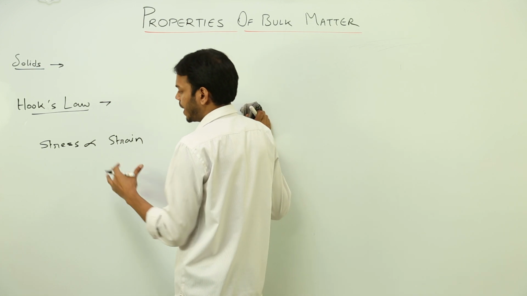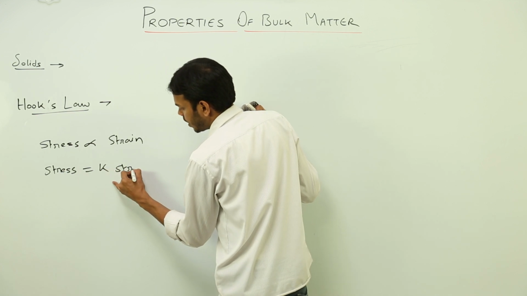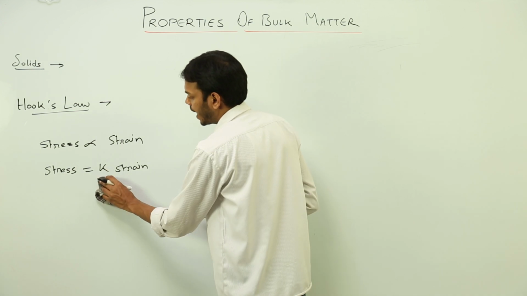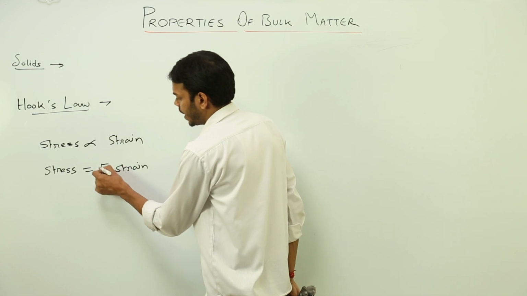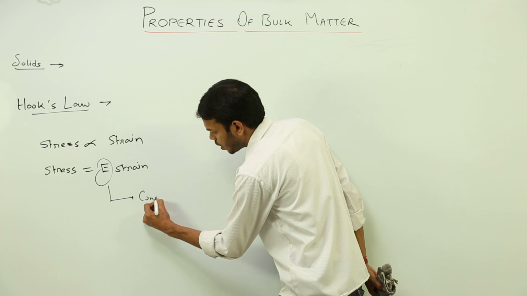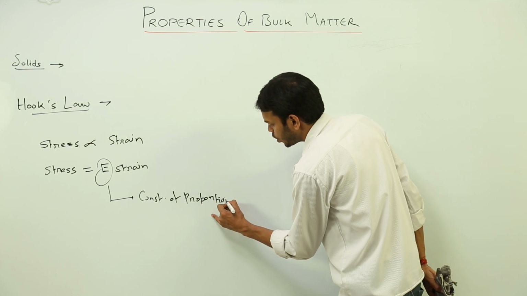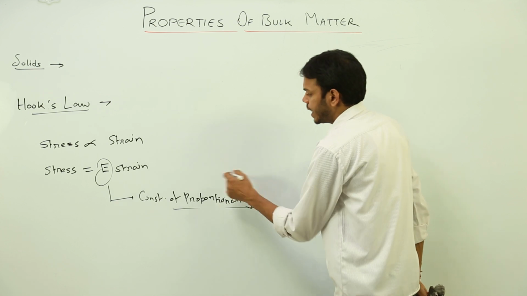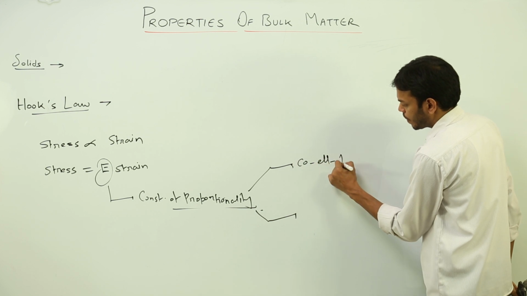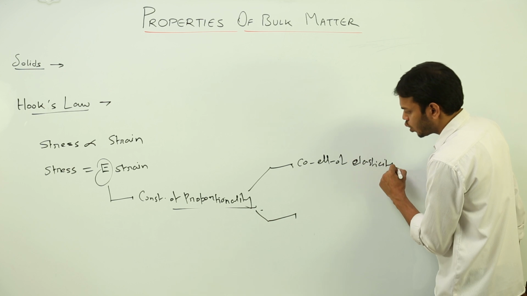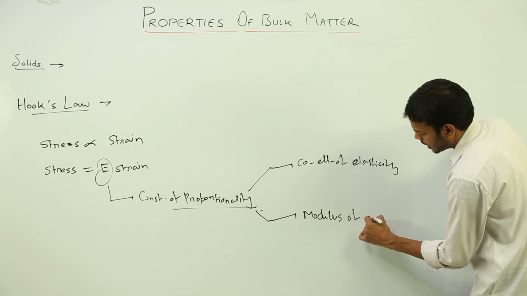If I try to find a mathematical relation out of it, I'll write stress is equal to K times strain, or here I'll write E because of elasticity, E times strain, where E is the constant of proportionality, which is called by two names, either coefficient of elasticity, or it is also known as modulus of elasticity.